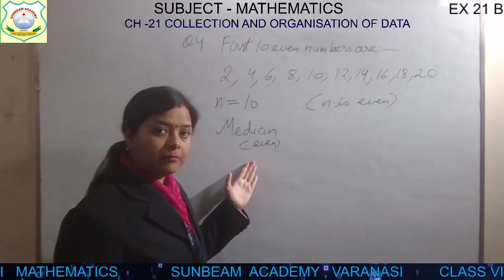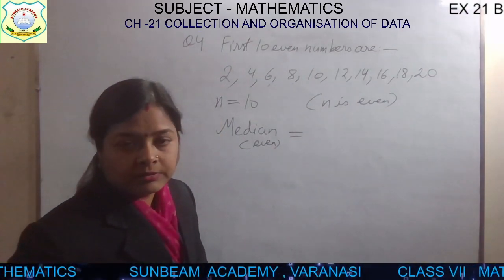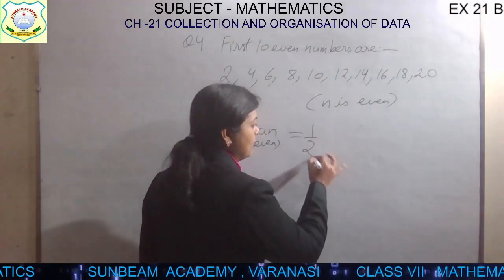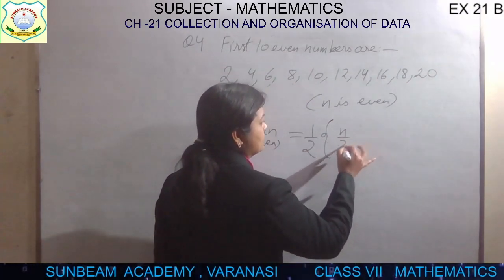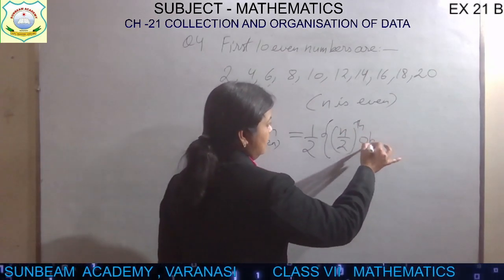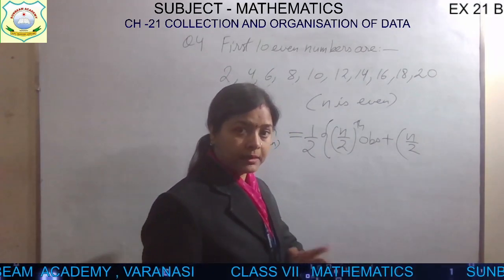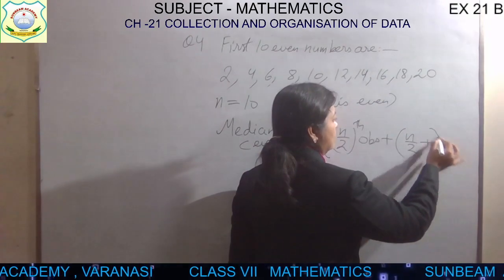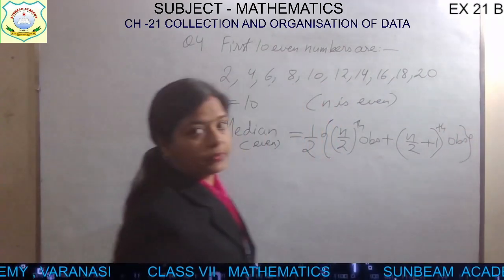Median, when the number of observations is even, will be equal to half of the n by 2th observation plus n by 2, and then plus 1, th observation.